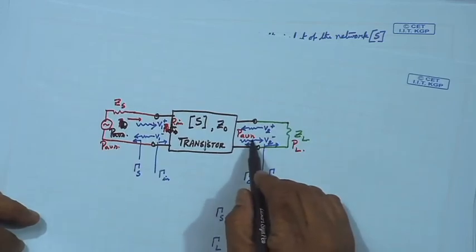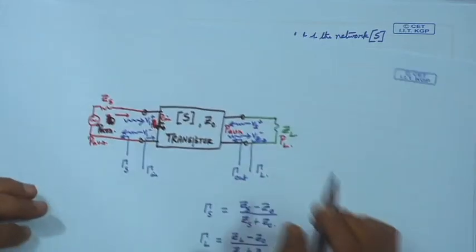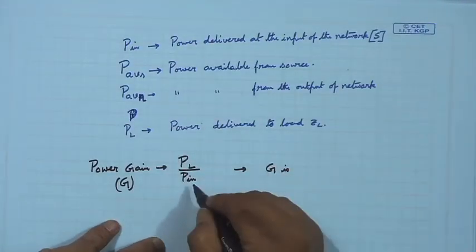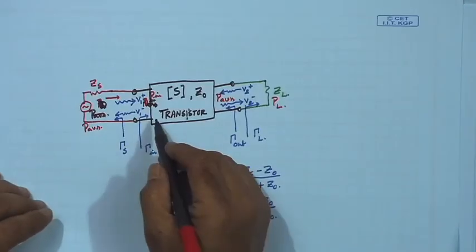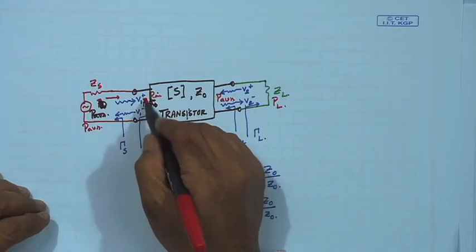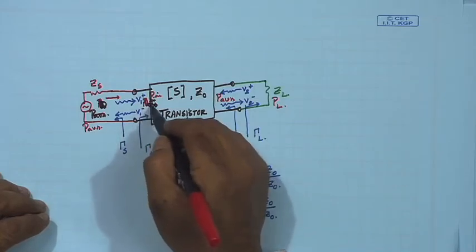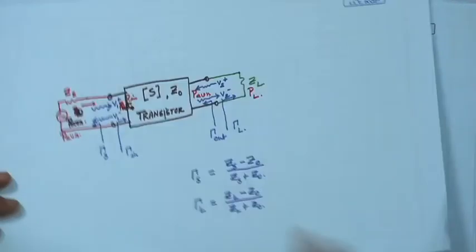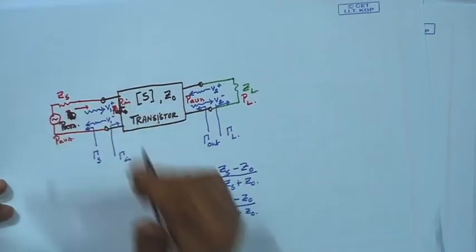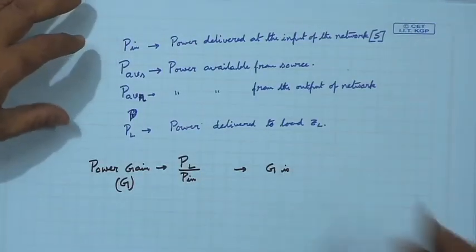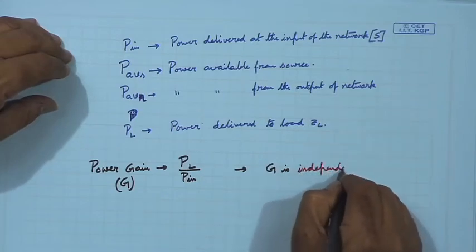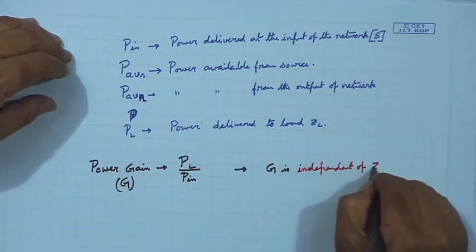Similarly, this is P_AVN, power available from the network, this is P_L. So, when I say this, I am basically taking the power ratio, how much power I could deliver to the load, but I am taking P_in here, the input to the network. That means I am not taking Z_S into consideration. So, I can say G is independent of Z_S.